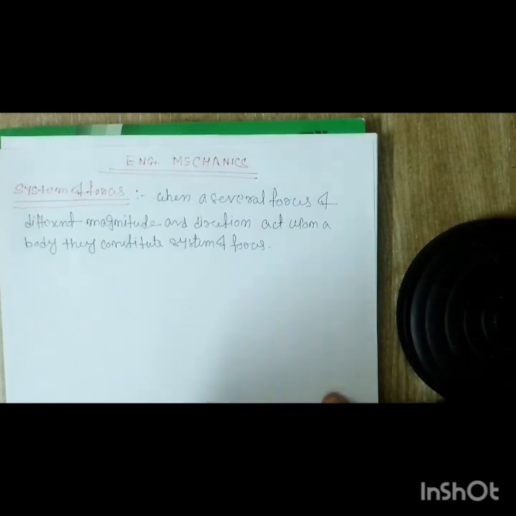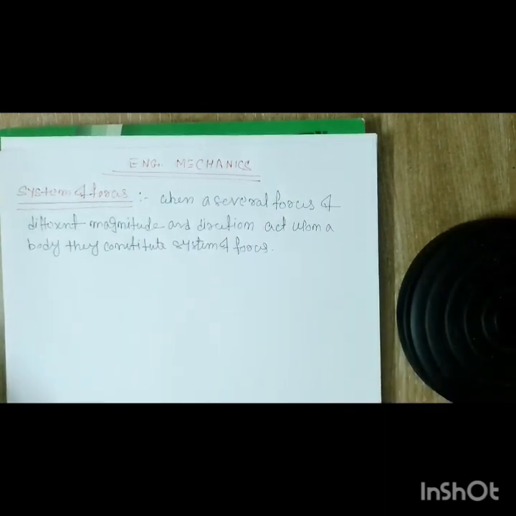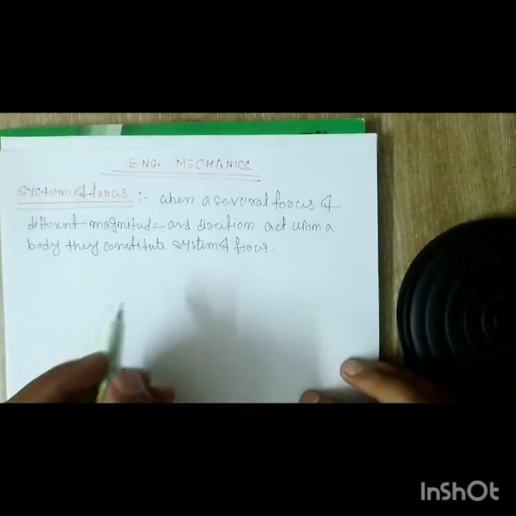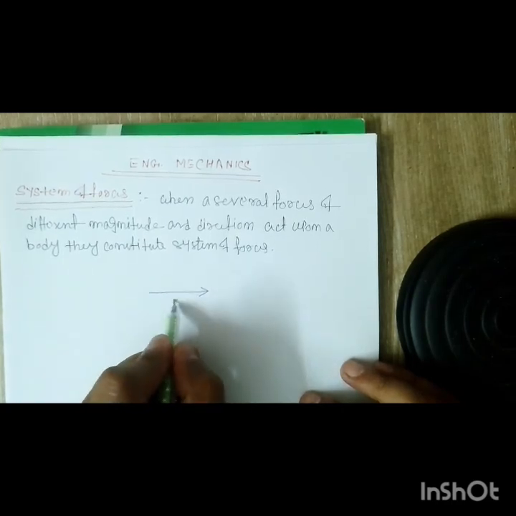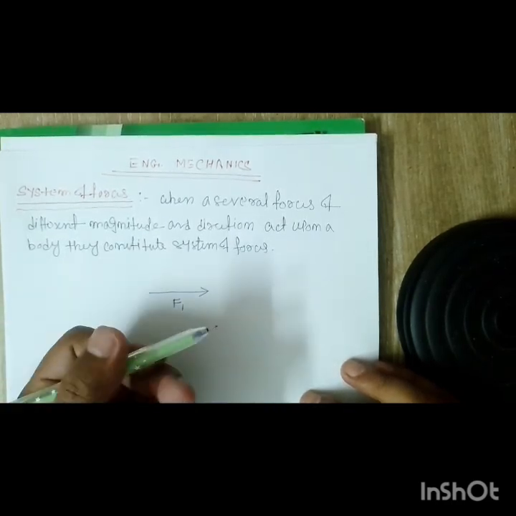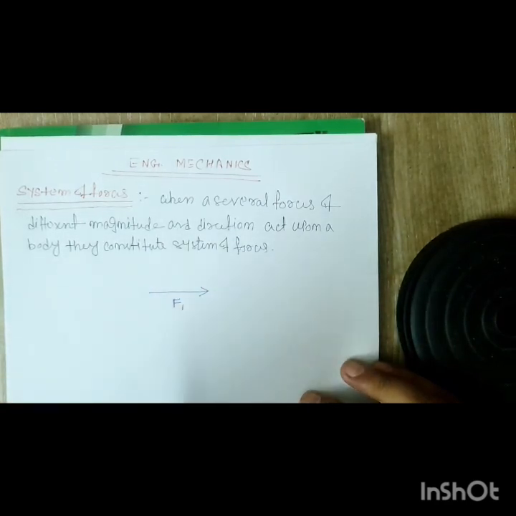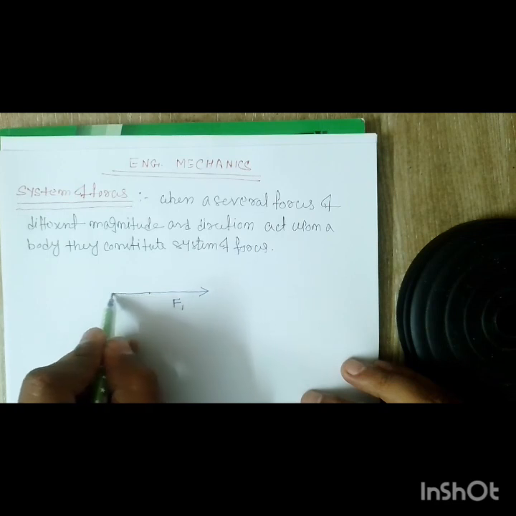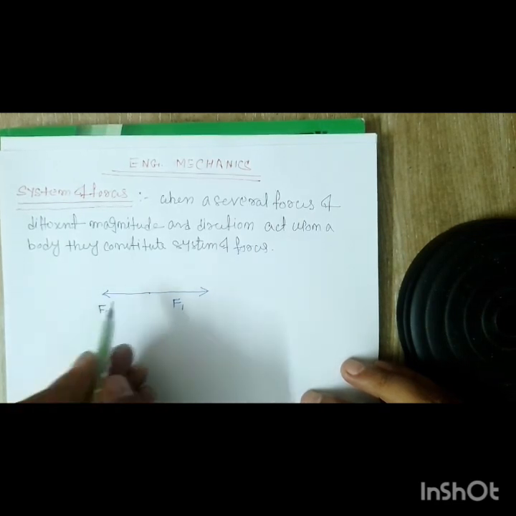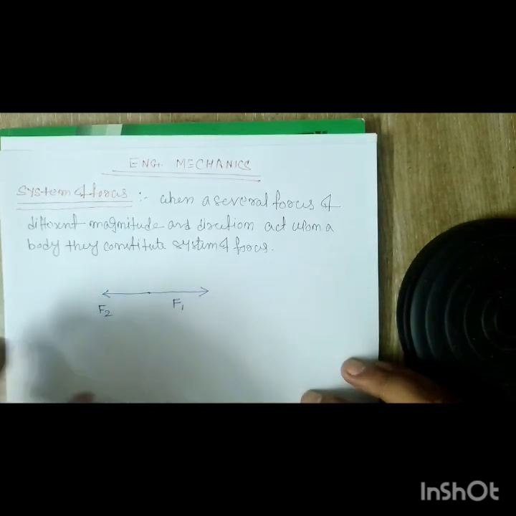So how can you show a system of forces? Suppose you have one force of magnitude f1, and the direction is horizontal, rightward. Suppose another force has magnitude f2, with a different value, and it is acting horizontally towards the left.